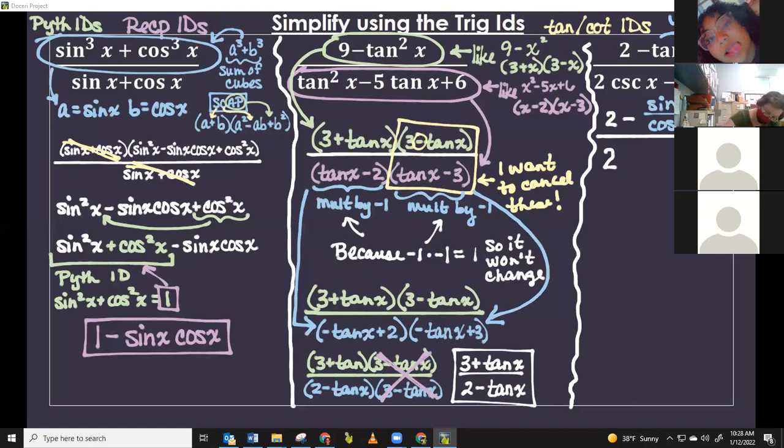One over sine x minus secant x. How can I rewrite secant x in terms of sine and cosine? 1 over cosine.